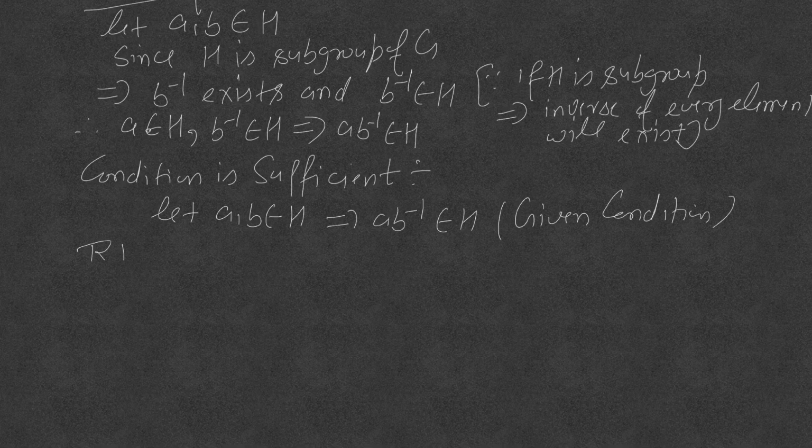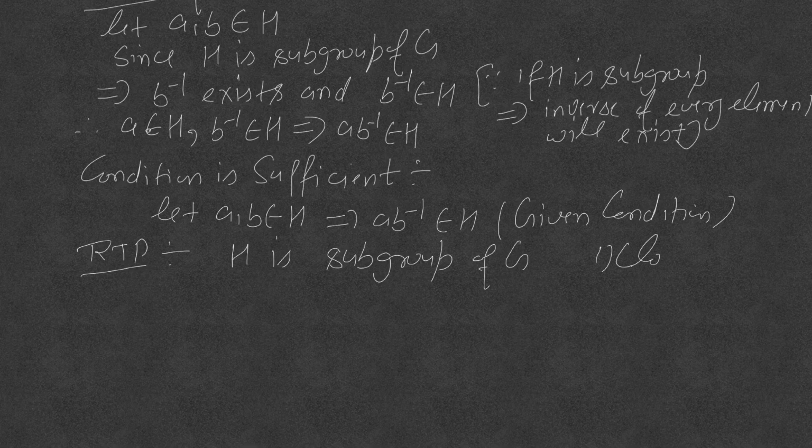And now what is required to prove? We have to prove that H is a subgroup of G. To prove this, we have to show that it satisfies all the properties of a group. Number one, closure property. Number two, associativity.